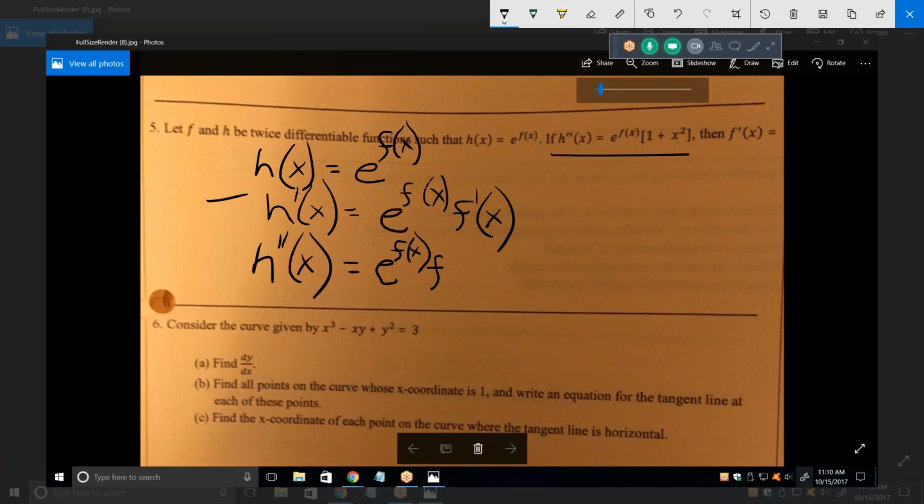So we're taking e to the f of x, that's u, and then we want to take v prime, which is f double prime of x, and we want to add to it the reverse. Now the reverse is e to the f of x times f prime of x times f prime of x.